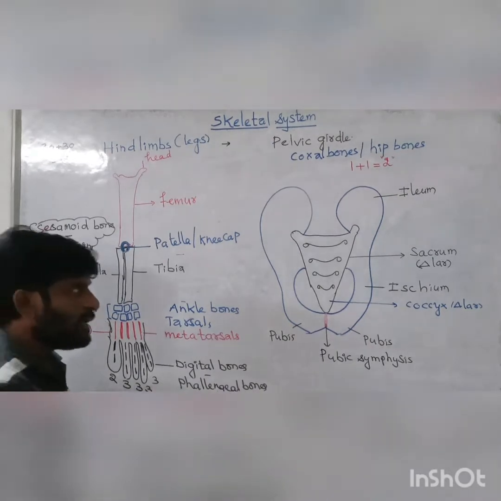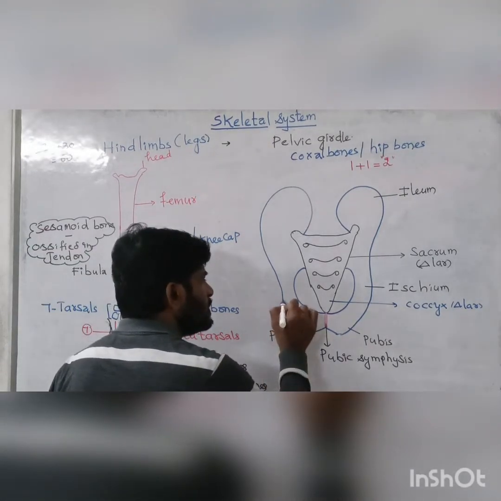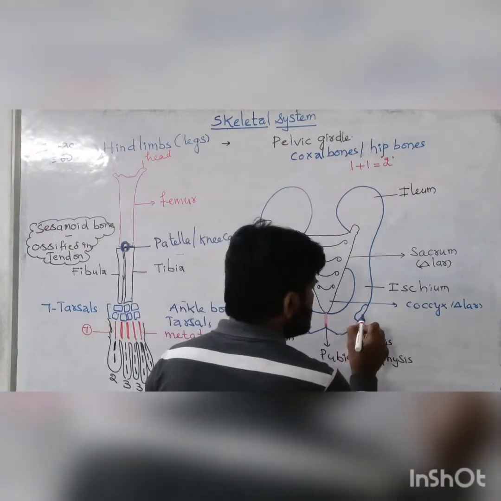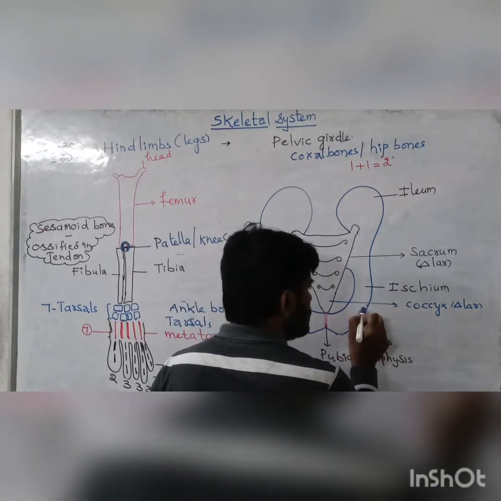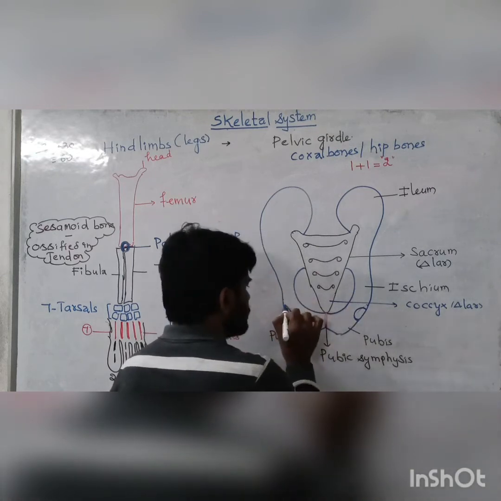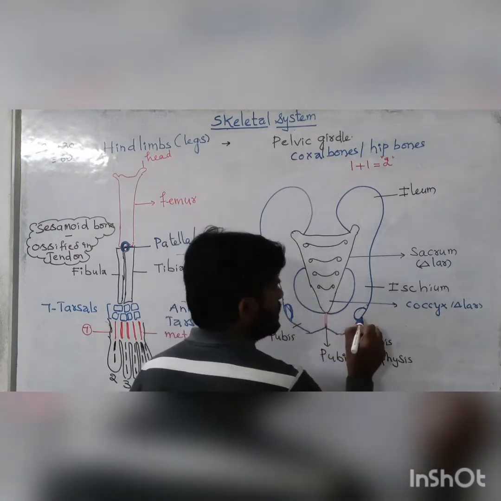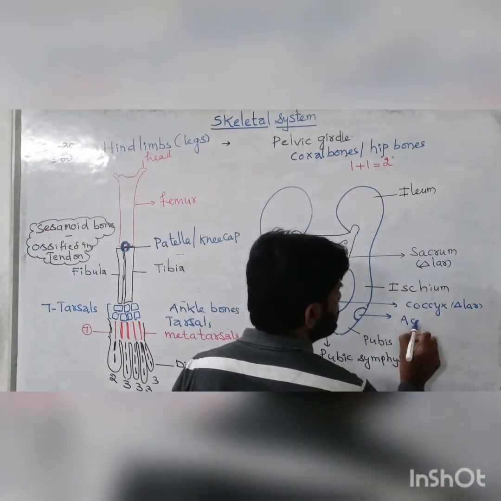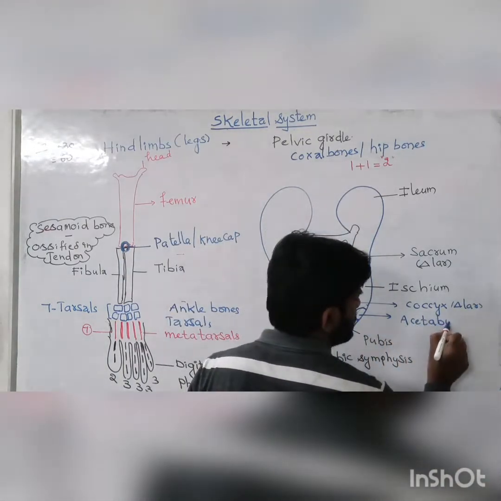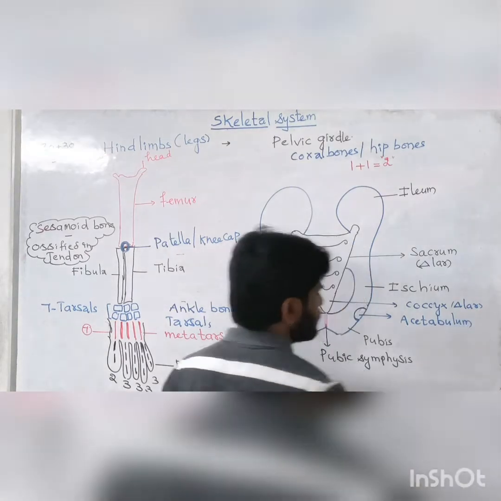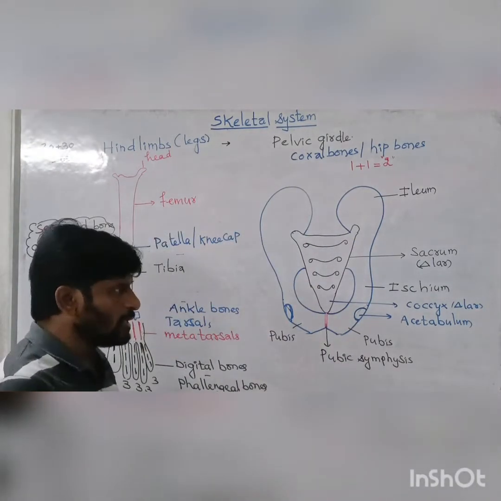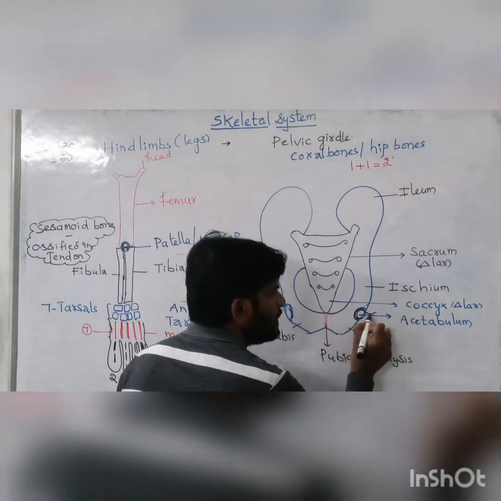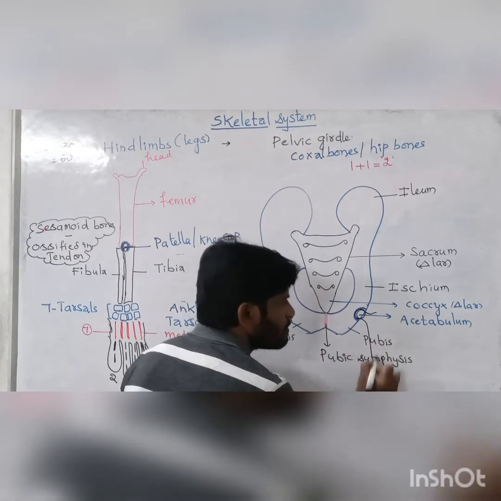The pelvic girdle contains a cavity. This is the cavity and this is the other cavity. The cavity of the pelvic girdle is the acetabulum. Into the acetabulum, the head of the femur articulates.